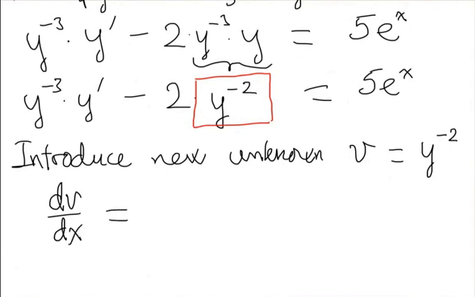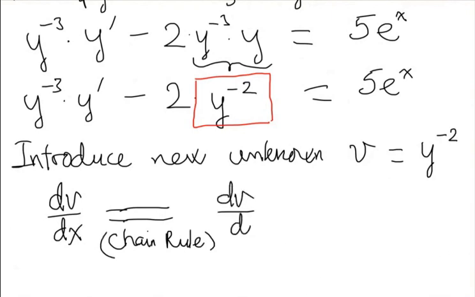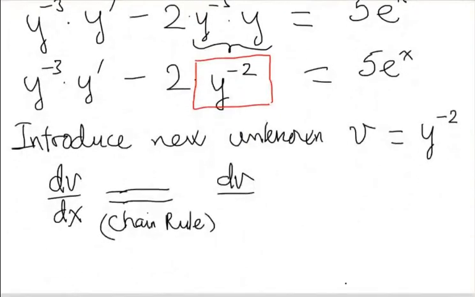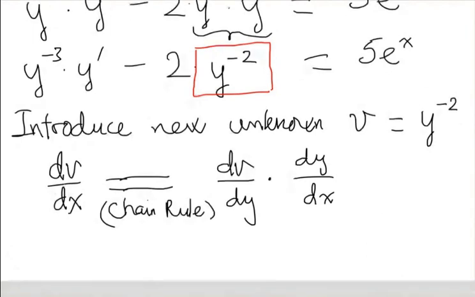And you need to be careful to use the chain rule here. dv dx is dv dy times dy dx, from calculus 1.